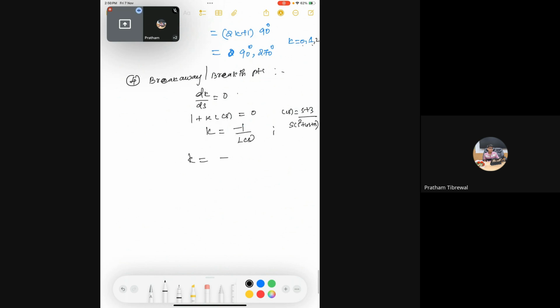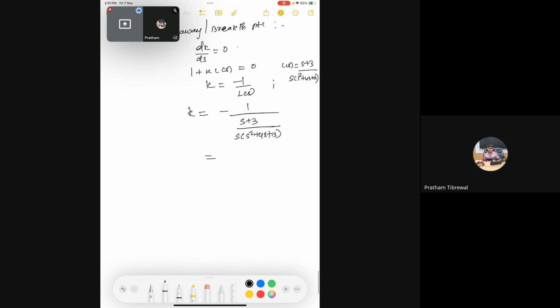So k equal to minus s into (s square plus 4s plus 13) divided by (s plus 3).